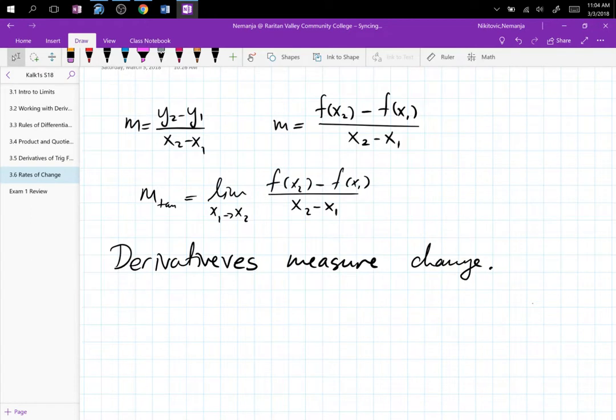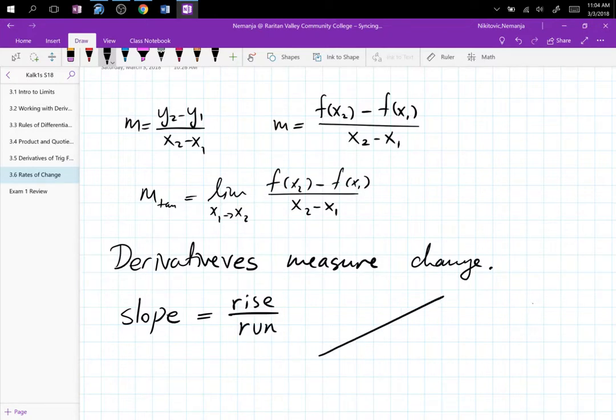And we can take a look at the slope, understand that it's rise over run. As you have a linear line and you have 2 points, you have the part where you run and the part where you rise.